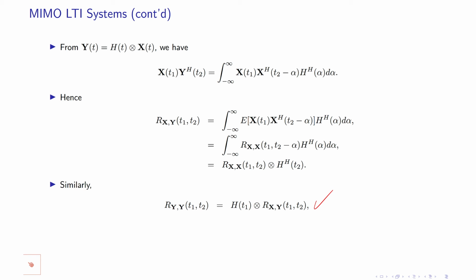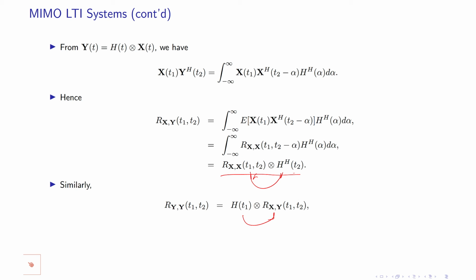But remember that in this convolution, when I don't deal with multiple input, multiple output, I could change the order of the convolution. But here, because I'm dealing with vectors and matrices, the order is important, so I cannot change the order of these two or these two.